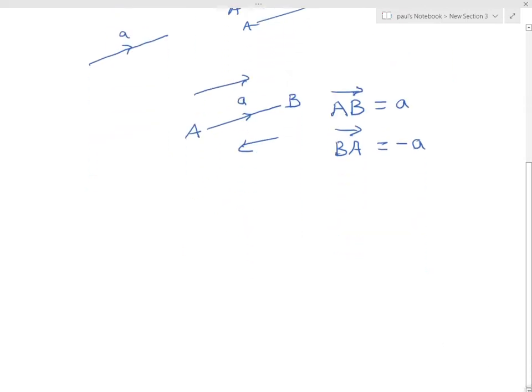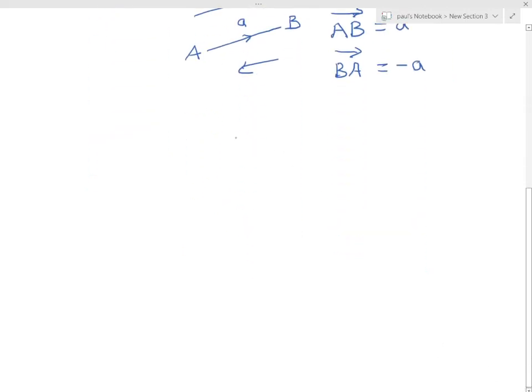So let's look at some problems about how we use these vectors in exam style questions. So we'll have A, B and C. So we'll call that one vector a and that one vector b.